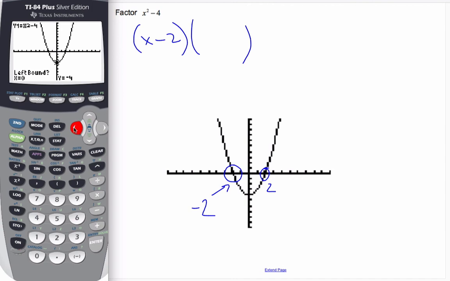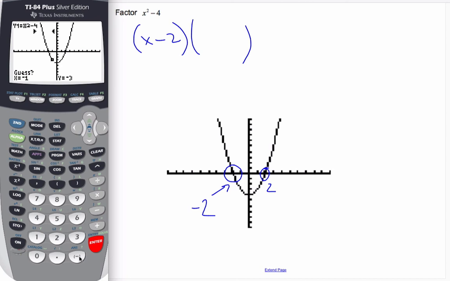Any number will be fine as long as I'm left of negative 2. Negative 5, perfect. I can just type in negative 5, or as you saw, I was toggling to the left. That works as well, but negative 5 works well. Now I want a right bound, to the right of negative 2. Negative 1 works good, and I like negative 1 because it doesn't capture both x-intercepts, just the one, and that's the key.